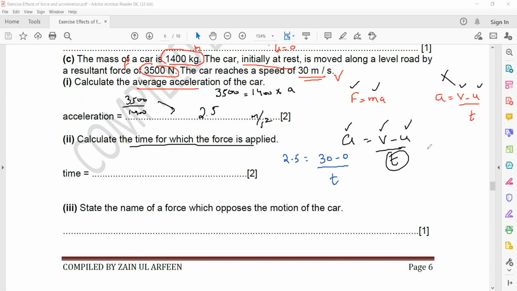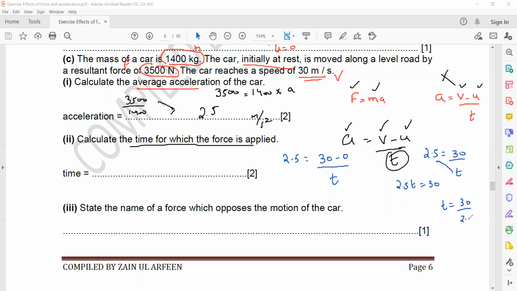So when we simplify further, it will be 2.5 equals 30 minus 0, which is 30, divided by time t. So t is divided here, on the other side it will be multiplied. So it will be 2.5 t equals 30. And we need t, so 2.5 is multiplied, on the other side it will divide.